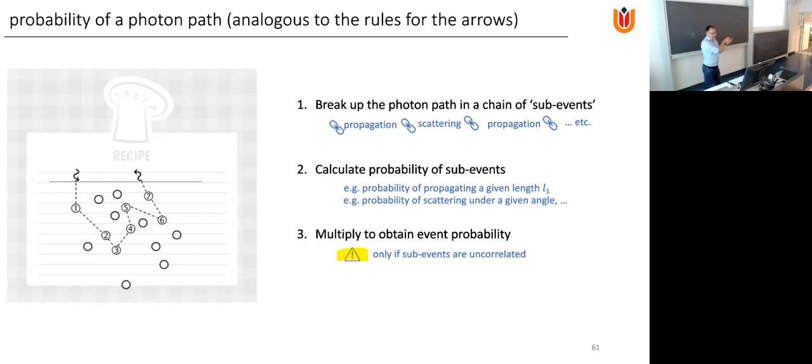So I break the path up into all these individual steps, calculate the probabilities for these individual steps, and multiply them to obtain the event probability, and then I have to repeat that many times for all possible paths to estimate my signal. So it's quite a lot of steps that the computer needs to take, over all photon paths, to find the total signal.